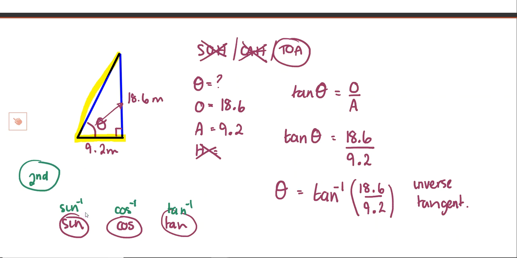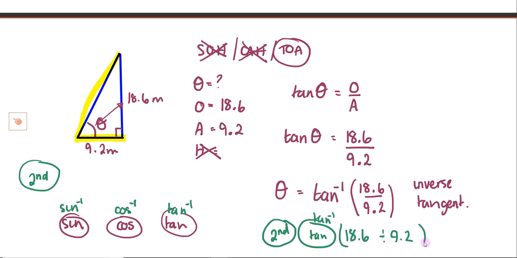If you then type in exactly what's here, you'll type in the second button, then you'll press the tan button to get the tan minus 1. Then you will put in 18.6 divided by 9.2, and you'll probably have to close the bracket and then press enter.